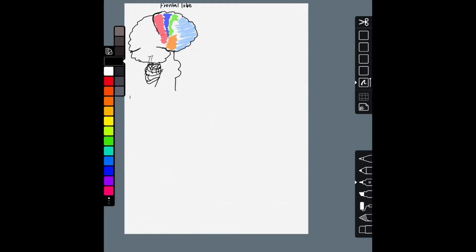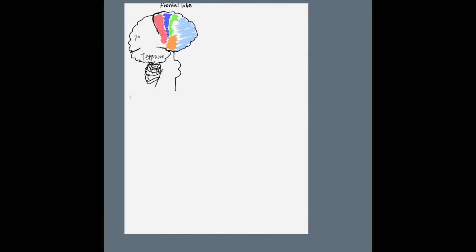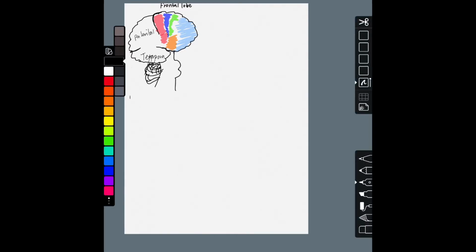There is this frontal, this temporal lobe and parietal lobe. So how do we separate these two lobes from the frontal lobe? So first, let's see this thick line here is the sulcus.